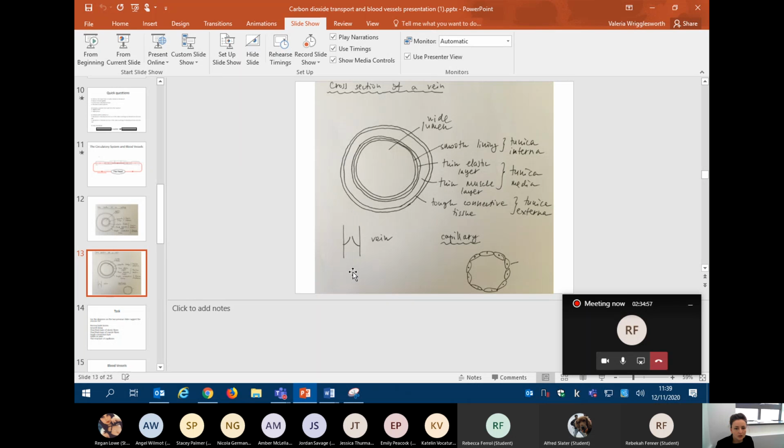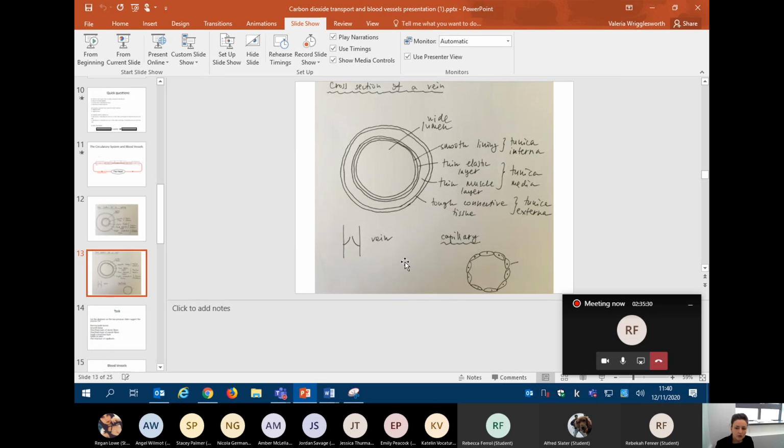So you need those valves so that the blood gets up towards your heart, but when it's flowing down, it closes those valves, so it's not able to backflow. So you only find valves in veins. You do not find them in arteries, arterioles, capillaries or venules, just veins.